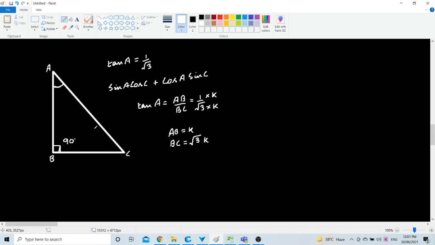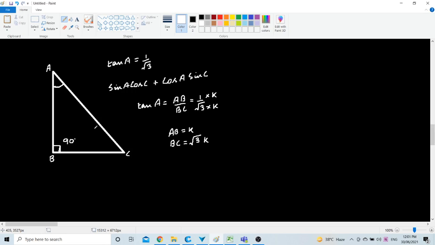Now let's say you have to find the values of C first of all. What are required? You need cos C and sin C. Now sin C is perpendicular upon hypotenuse. That is k upon 2k, that is 1 upon 2.